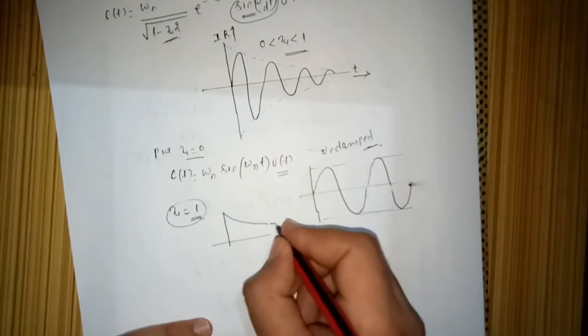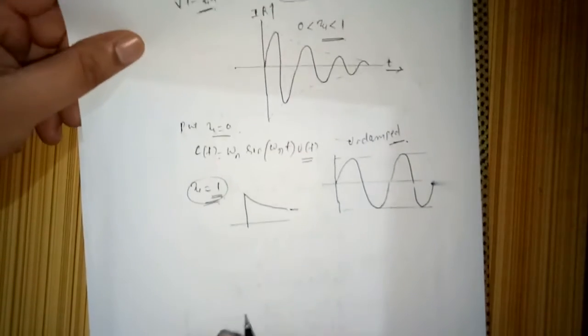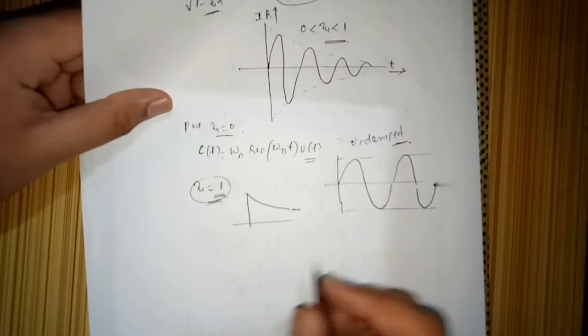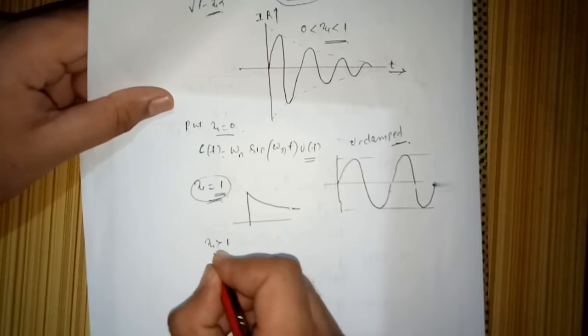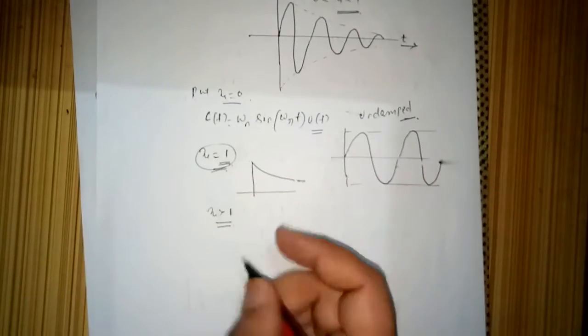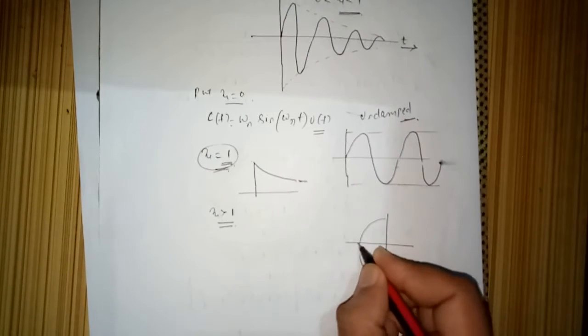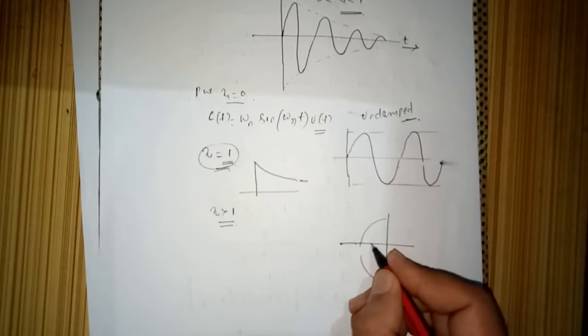So this is for zeta equal to 1, and for zeta greater than 1, I'll be having a high time constant for the dominant pole system. Like we have mentioned, this is my overdamped case. I'm talking about this.